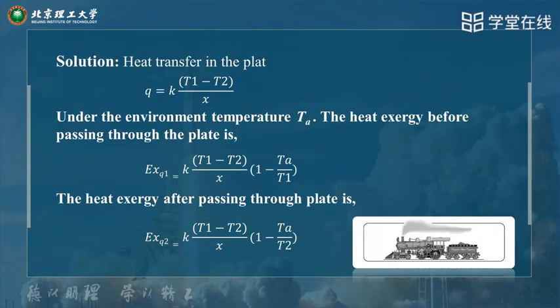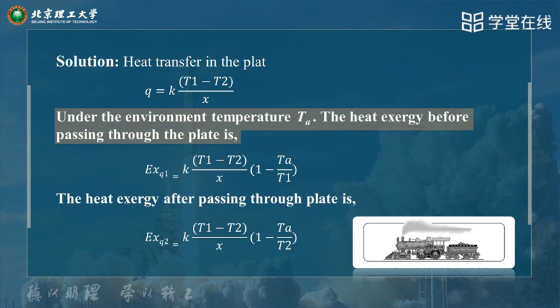Solution. The heat transfer in the plate is very easy to calculate. Q equals K (T1 minus T2) over X. From the heat transfer theory, it's very easy to obtain this equation, just the conduction equation. Under environment temperature TA, the heat exergy before passing through the plate, we can calculate respectively.